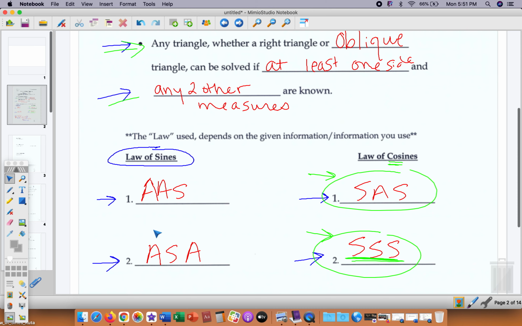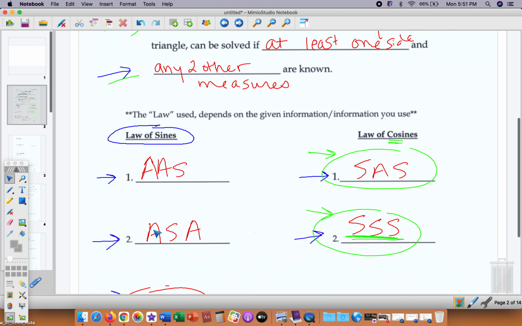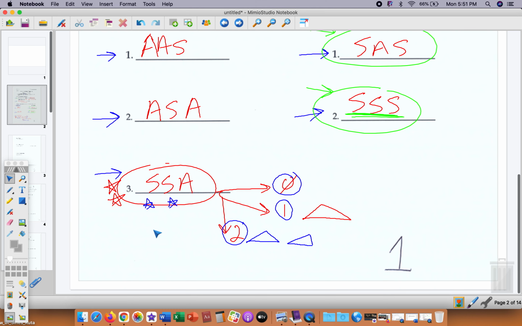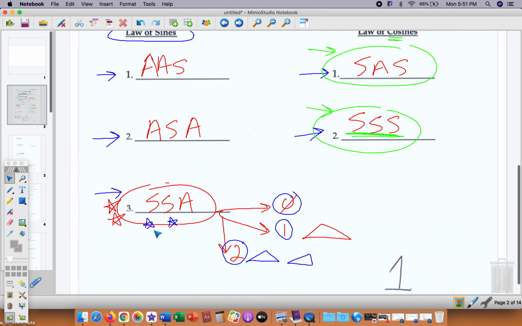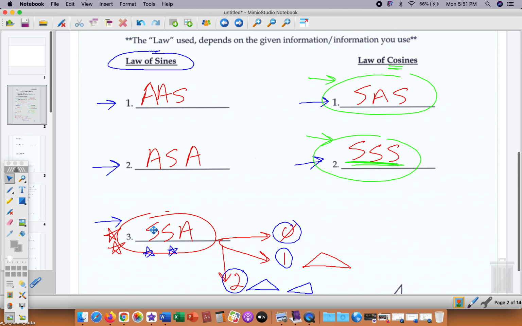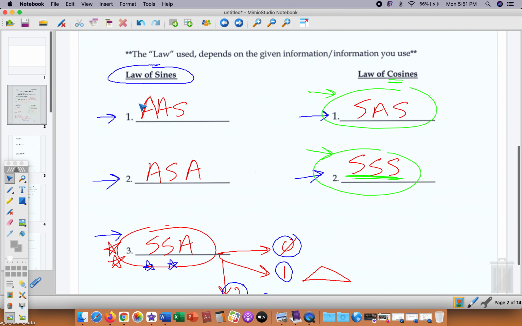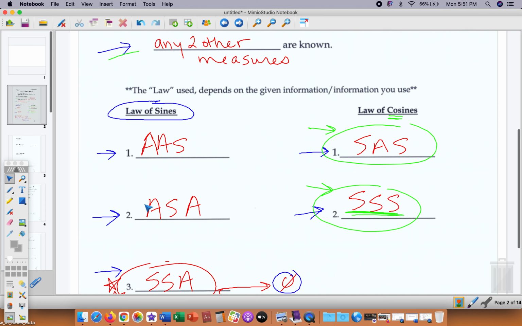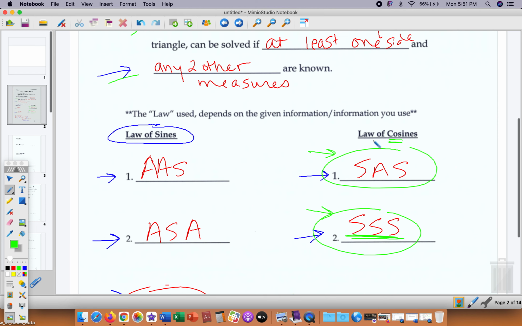We're going to need to sometimes use law of sines and sometimes use law of cosines. So on the left here, you see law of sines. When we have angle, angle, side, angle, or side, side, angle, we are going to use law of sines.